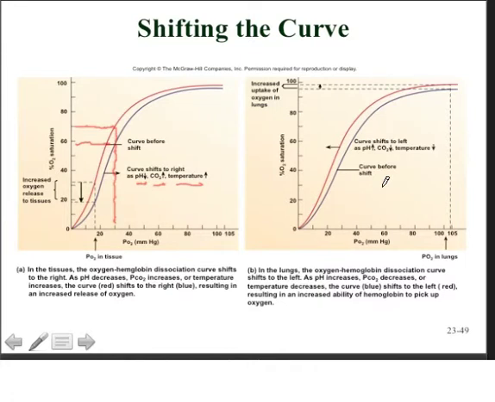So in the tissues, the conditions that are predominant are going to be the blue curve, and in the lungs, the conditions that are going to predominate are going to be the red curve shown here. The oxygen hemoglobin dissociation curve shifts left, the pH increases, the CO2 concentration drops, and the temperature drops a little. And the result is a higher affinity of hemoglobin for its bound oxygen.